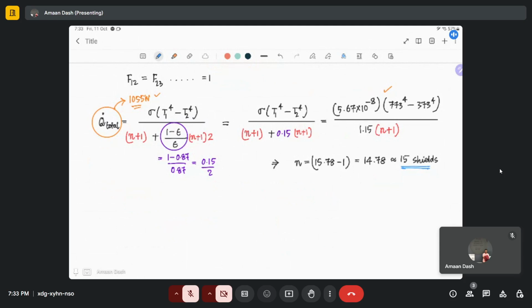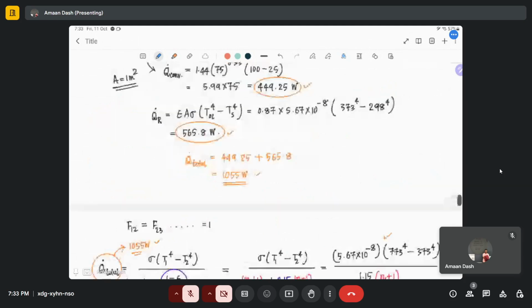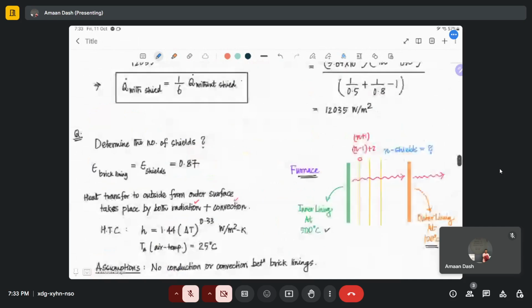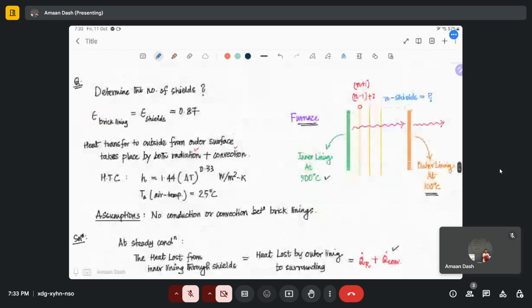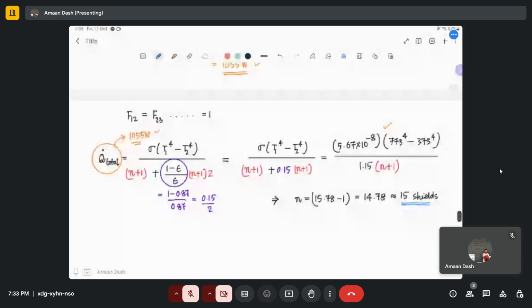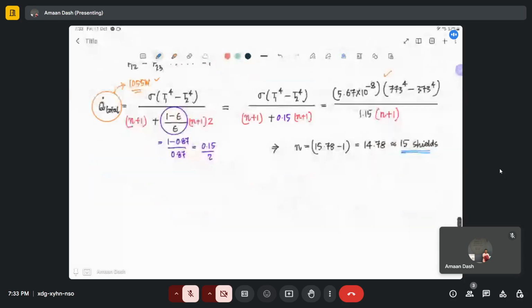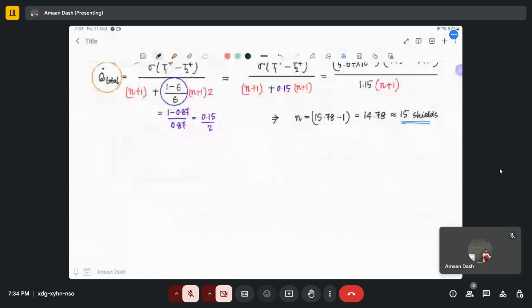So this entire thing divided by, we can simply write it as this is n plus 1, so we have 0.15 plus 1, so 1.15 times n plus 1.